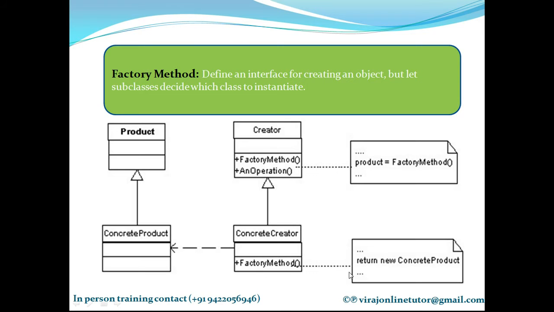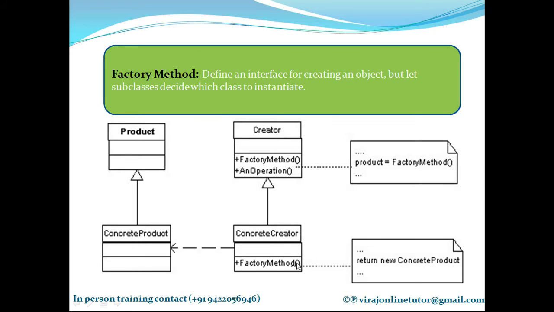For example, I can pass a parameter to this function from outside, and I can write code inside this function saying if parameter value 1 is passed, return new concrete product 1, and if this parameter has a value 2, return concrete product 2.